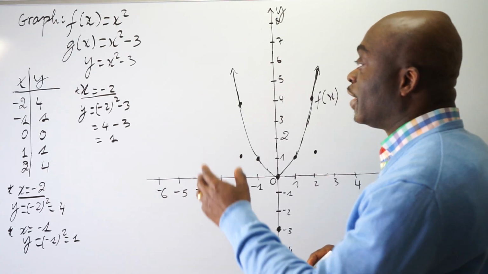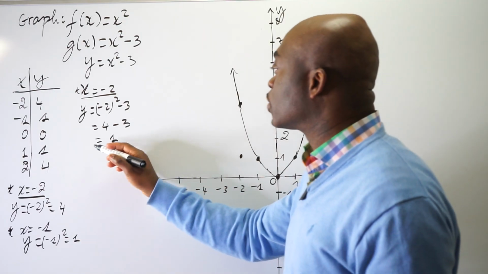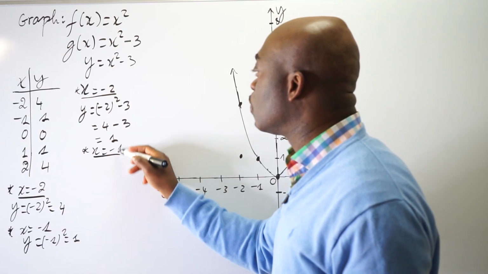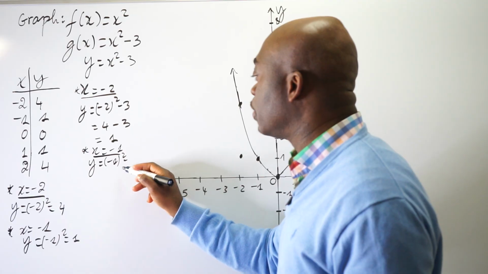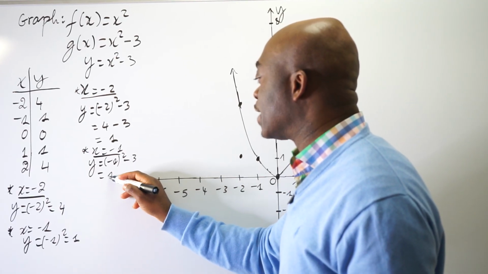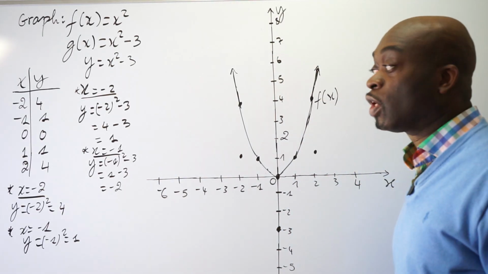If x equals negative 1, same thing. We have y equals negative 1 to the second power minus 3. That will give us positive 1 minus 3, which is negative 2.